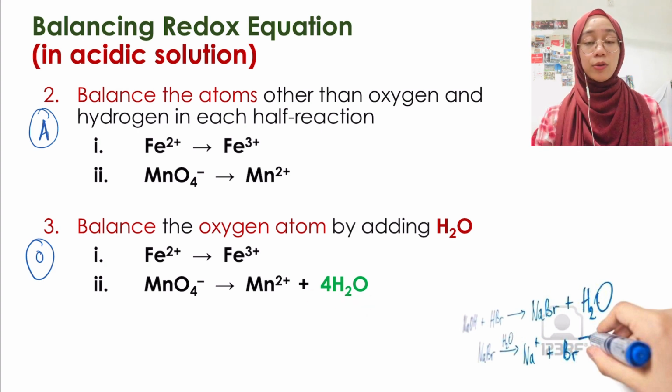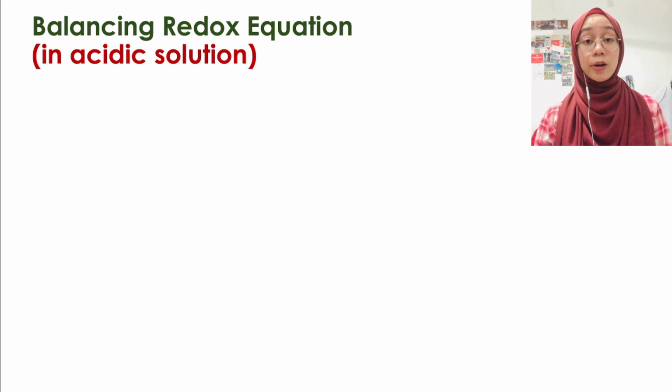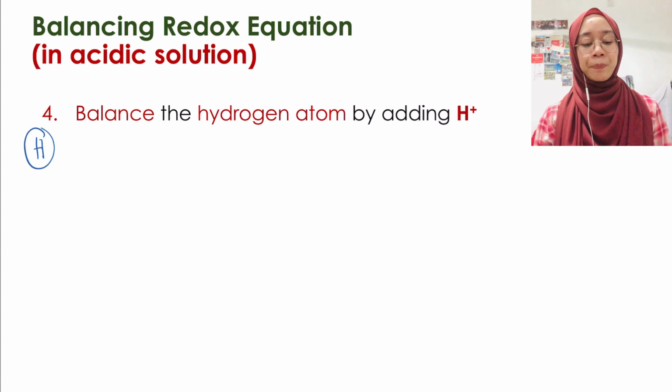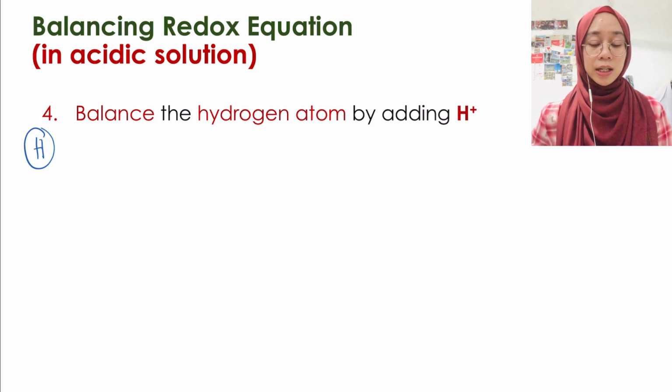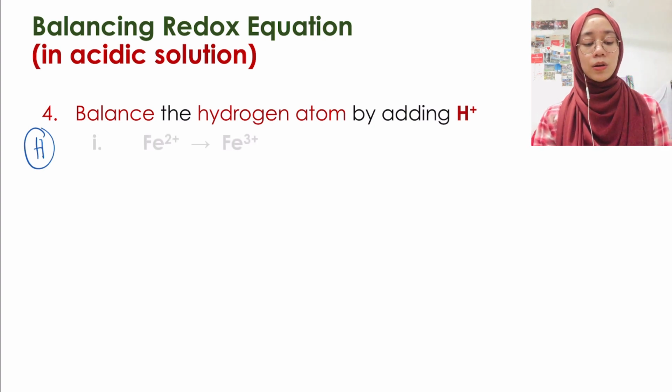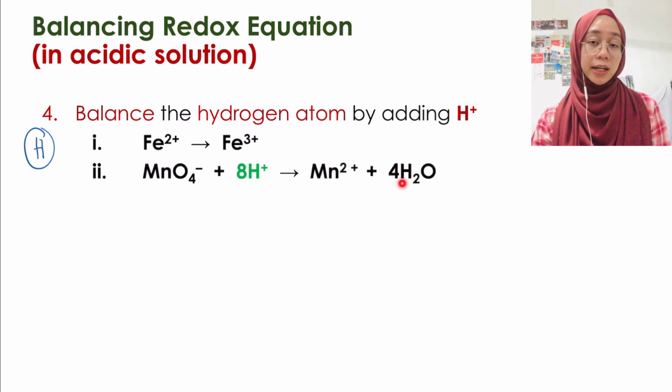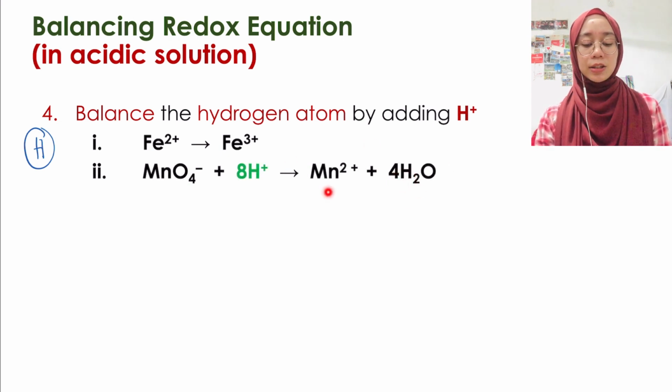Okay, and then we proceed with the next step, which is hydrogen pula. Yang keempat adalah nak balancekan hydrogen pula. Okay, so nak balancekan hydrogen, it is by adding H+. So untuk yang first tak ada hydrogen, very simple lah. However for the second one tadi, bila kita tambah water, water ada H kan, so kita kira lah, dia ada 8.